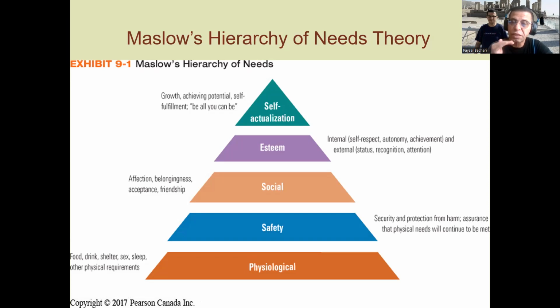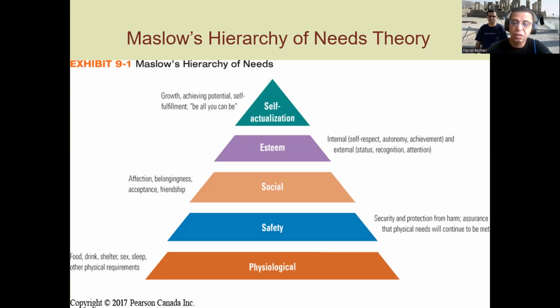Then once safety is satisfied, a new need shows up, which is called the social need. The social is about affection, belongingness, acceptance, and friendship. Then comes esteem, which is internal, like self-respect, autonomy, and achievement, and external, like status, recognition, and attention.